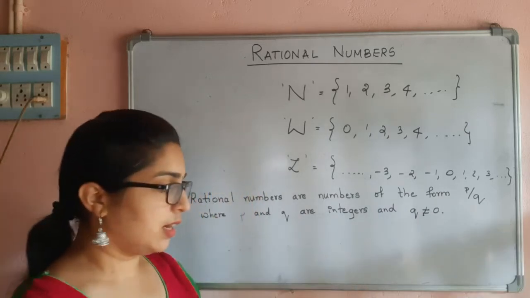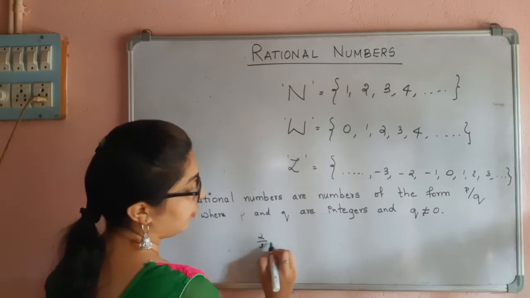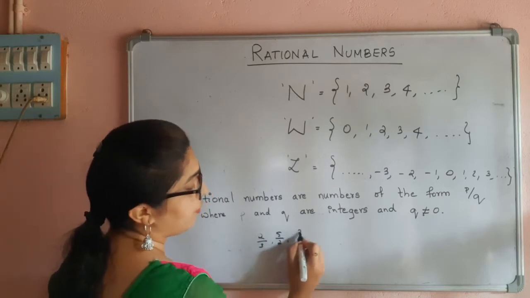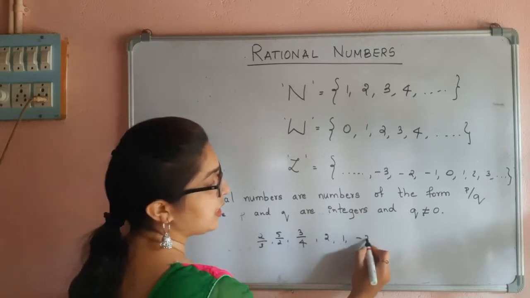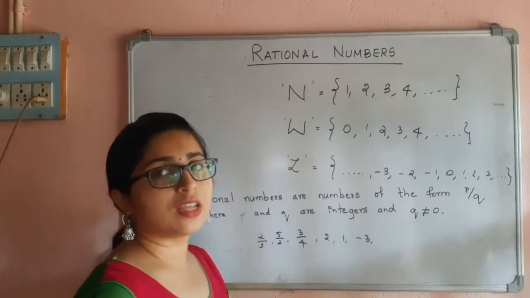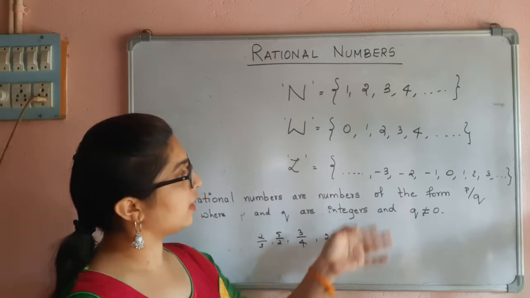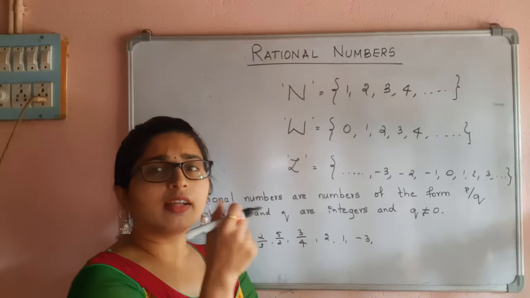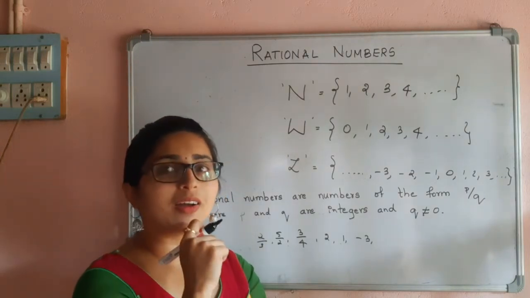So these are rational numbers. So you can say 2 by 3, 5 by 2, 3 by 4, okay, even 2, 1, -3, these are also integers. You can say, okay, 2, 1, -3 are coming under the set of integers, then how are you calling them rational numbers? So you may get a question mark, right?